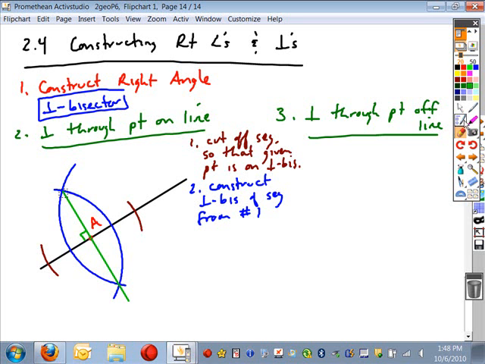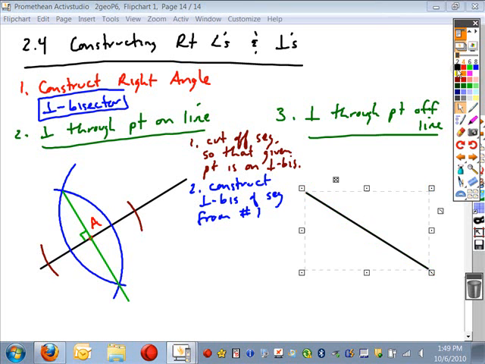Okay, let's see what happens, though, if we took a point that fell off of a line. And so if we took a point, and I'll call it point B here, and I want to construct a perpendicular through point B, where B does not lie on the line, we're still going to go through all the exact same steps.